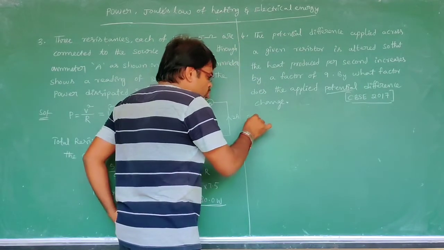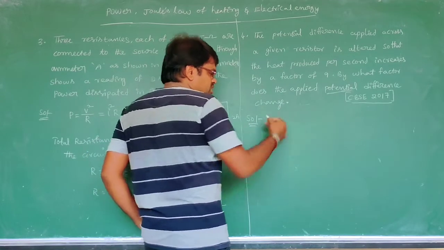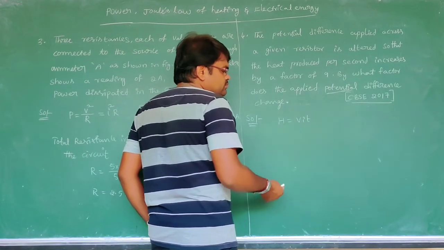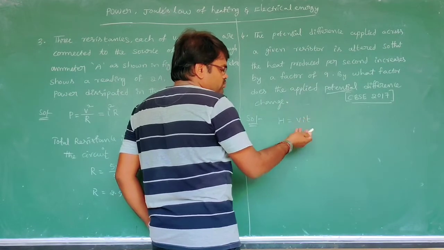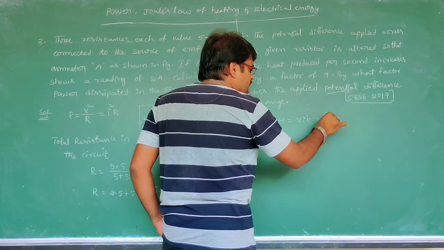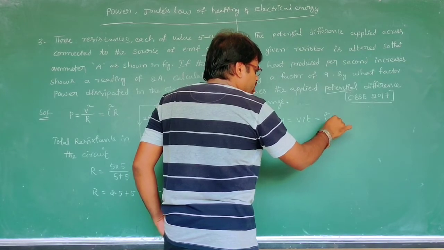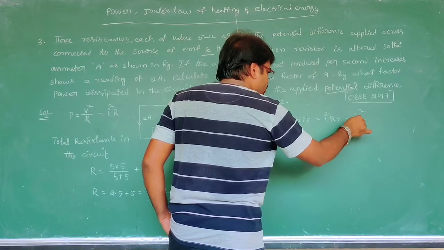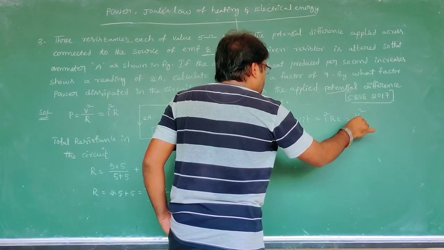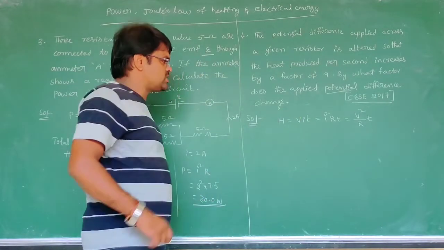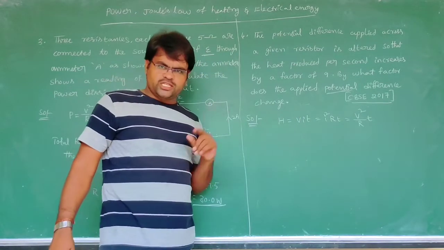Now, the heat produced formulas, in terms of joule, are I square RT, and another one, V square by R into T. These formulas we can use for heat.